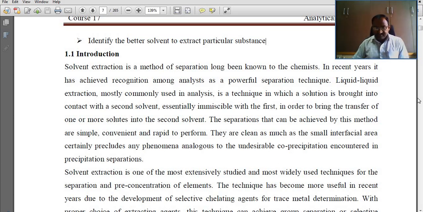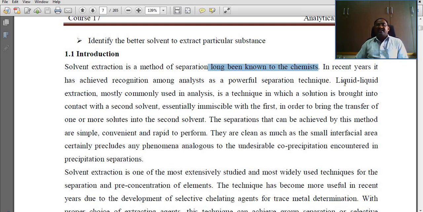Dear students, first we learn the definition of solvent extraction. It is a method of operation long known to chemists.